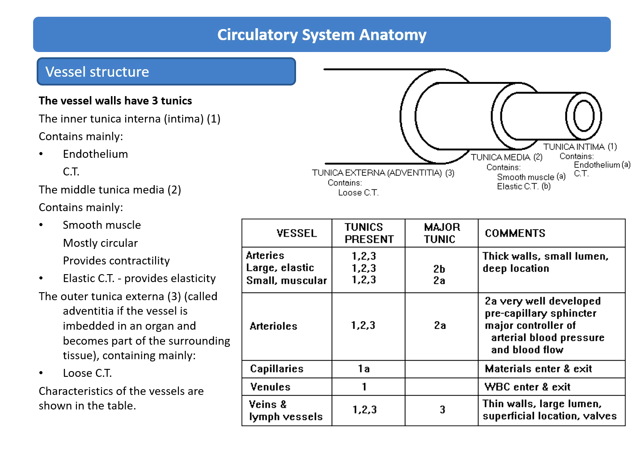Let's look at the characteristics of the vessels in a little more detail. Arteries consist of two types, large, elastic ones, which would be visible to the naked eye, and small, more muscular ones, which generally are not visible to the naked eye.